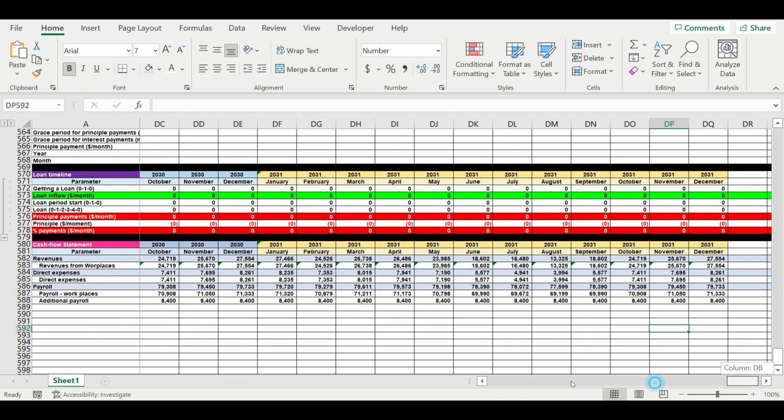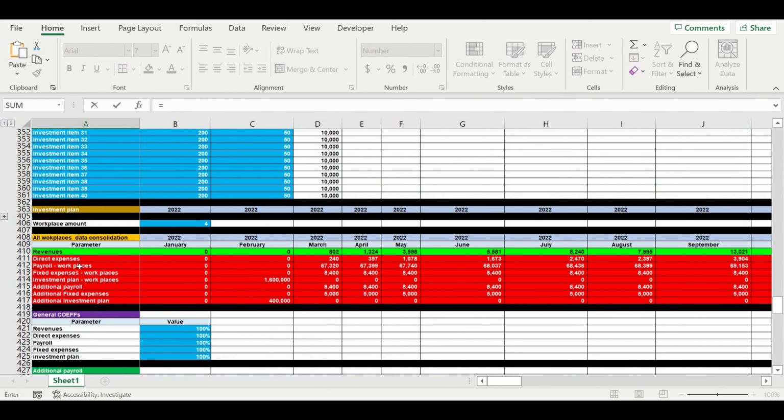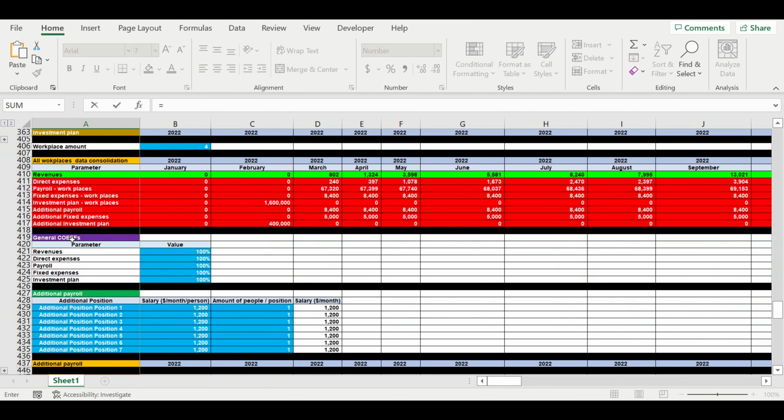So now we are moving to fixed expenses. Fixed expenses, workplaces, and general fixed expenses.